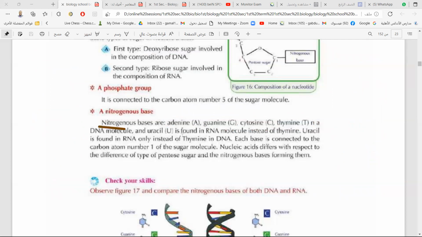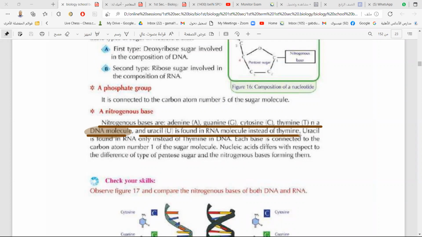Nitrogenous bases: adenine A, guanine G, cytosine C, thymine T. This is in the DNA molecule. But in the RNA molecule, there is no thymine, and there is uracil instead of it.